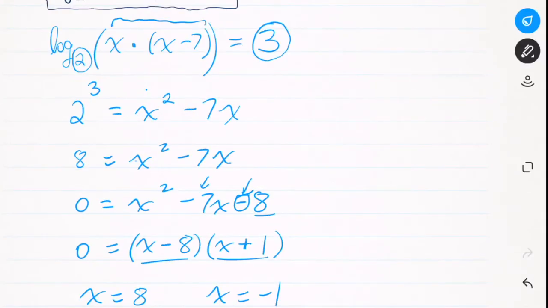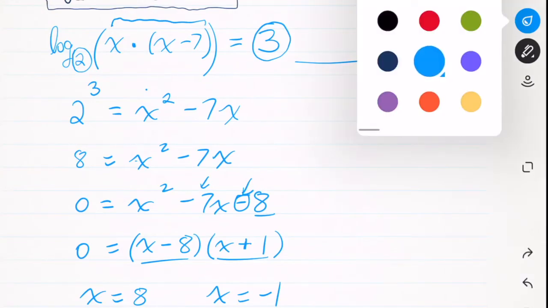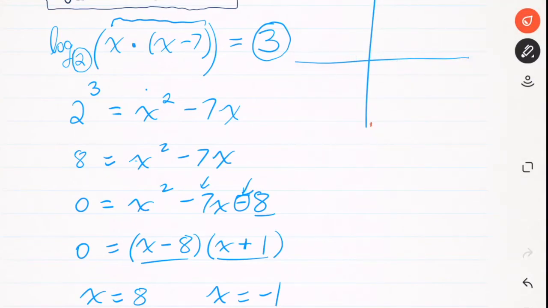Great. So if you leave both of these answers, it's going to be marked partially wrong. And the reason for that is the domain of the logarithm. If you remember the graph, and this is why graphing sometimes becomes important, logarithms crawl up the negative y-axis, hit this point (1, 0), and then slowly grow.